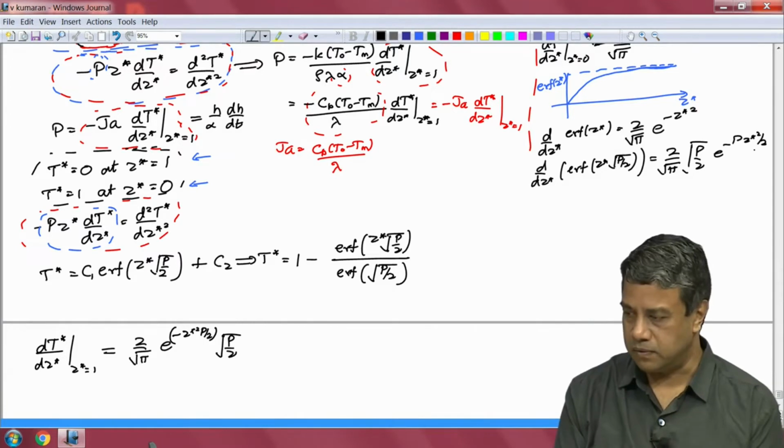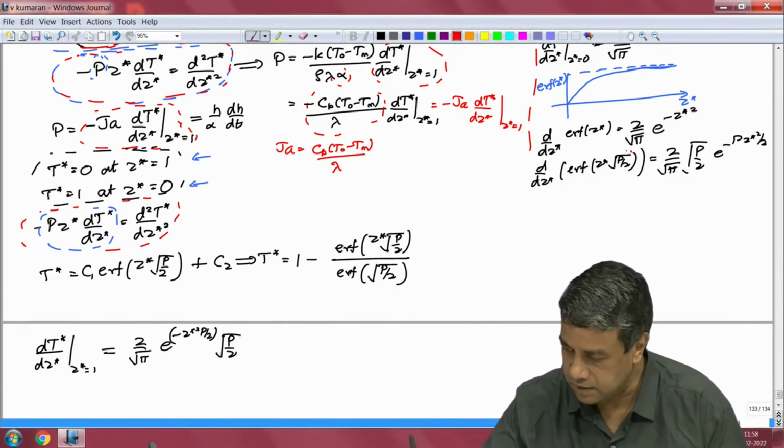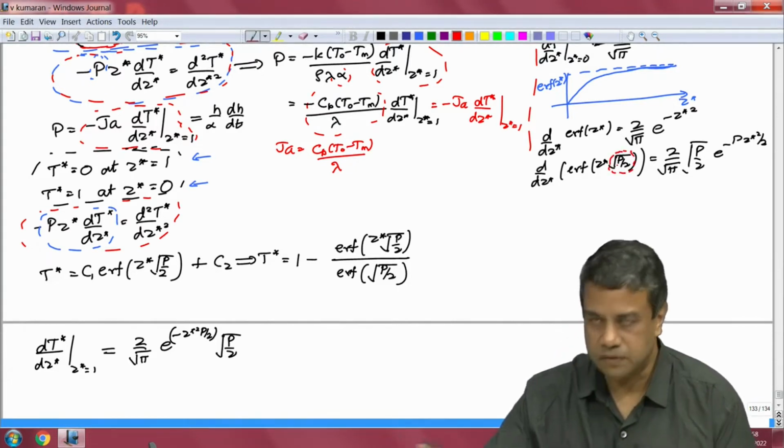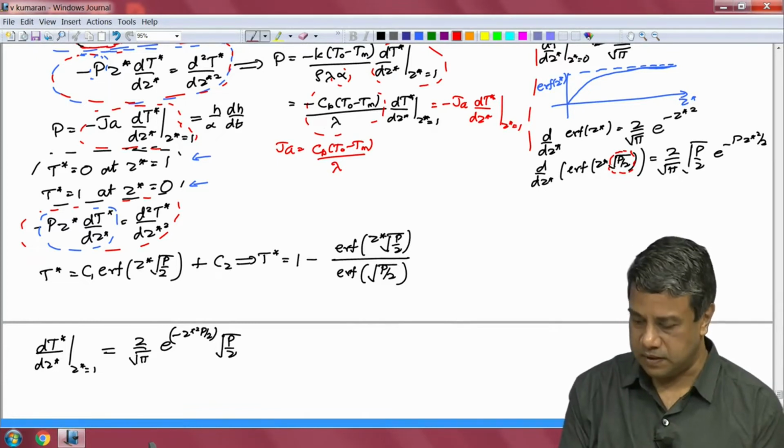This comes out because I have taken a derivative by chain rule, and this coefficient, which is the derivative of the argument, comes out as a derivative of the argument.